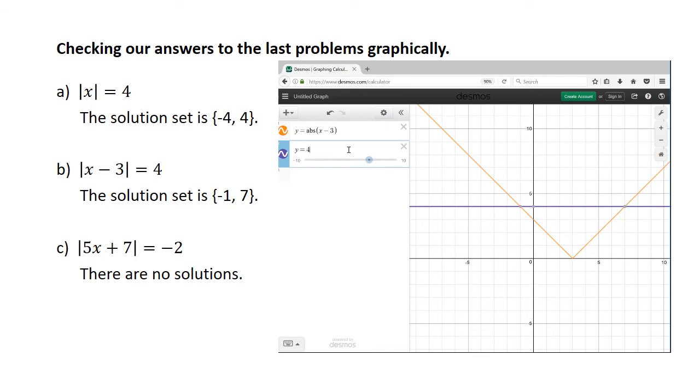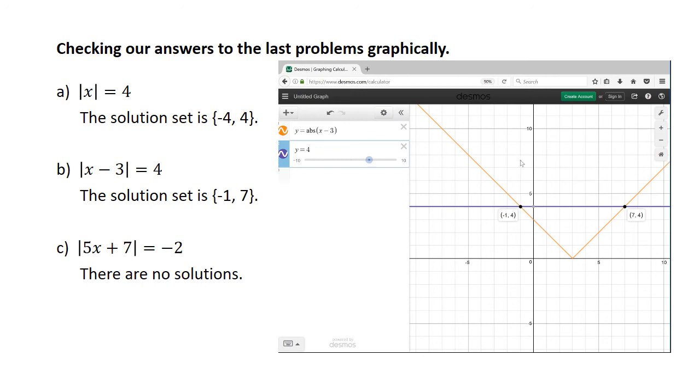So there's 4. And if we go to look at the intersections of these two, my first intersection on the left is at negative 1, 4. So negative 1 is the solution to that equation. We saw that algebraically. And I have another intersection at 7, 4. So those are the two intersections. And so I'm able to check that my solutions are negative 1 and 7, just like we saw algebraically.